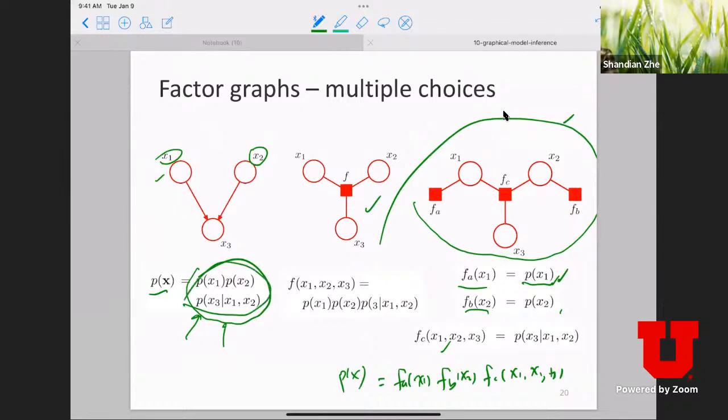But my point is that you can define this whole product as one function, so you only have one factor. Of course, you can also associate the three terms with three factors, but when you multiply them together, they correspond to the same distribution.